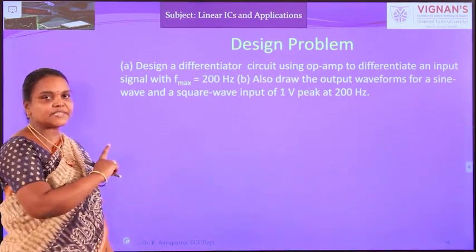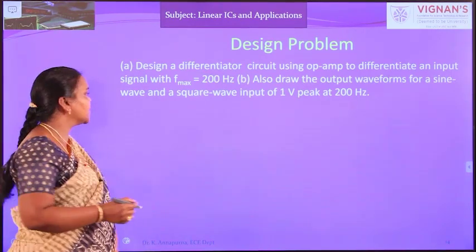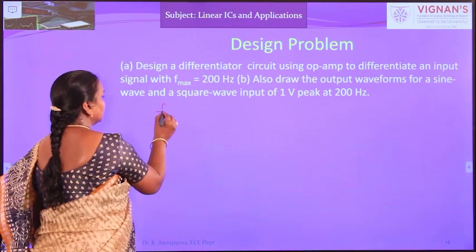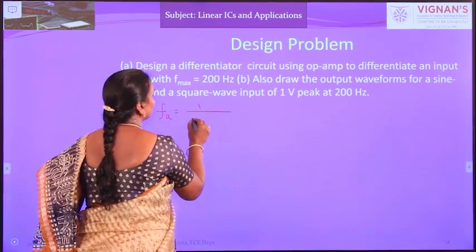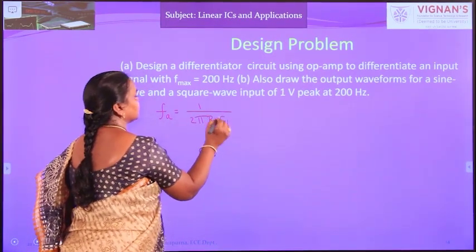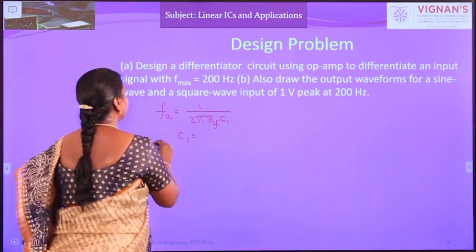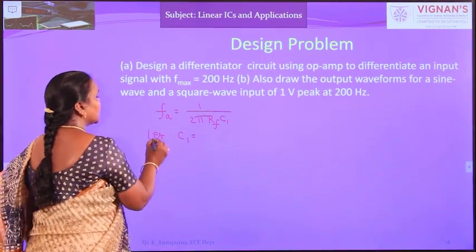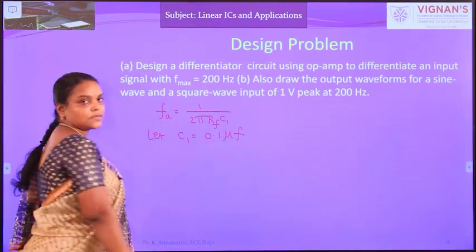The maximum input frequency is given, that is FA. So here FA is equal to 1 by 2 pi RF C1. And you have to assume C1 value. Okay, here I am assuming this as 0.1 microfarads.